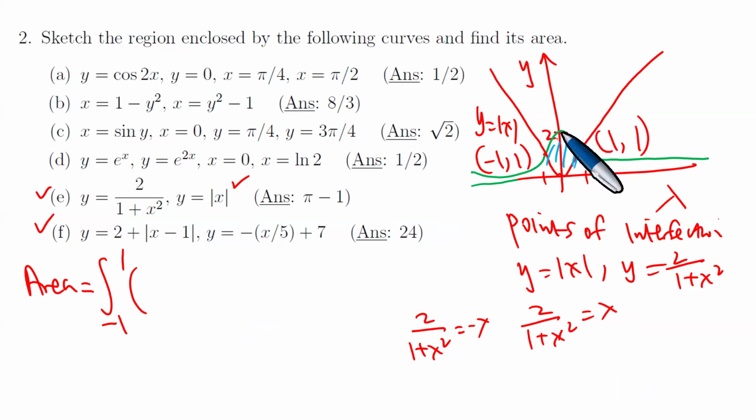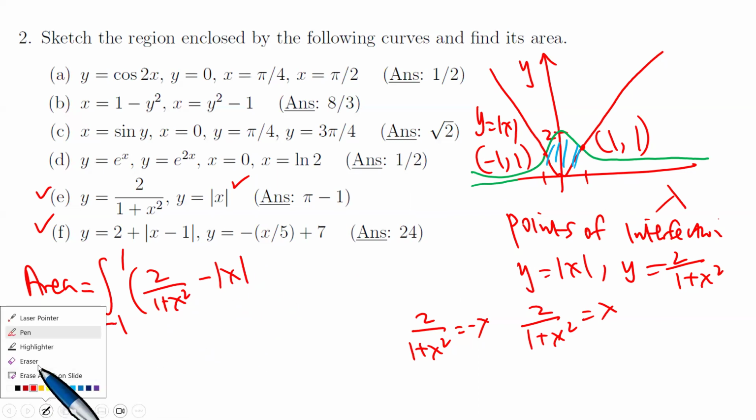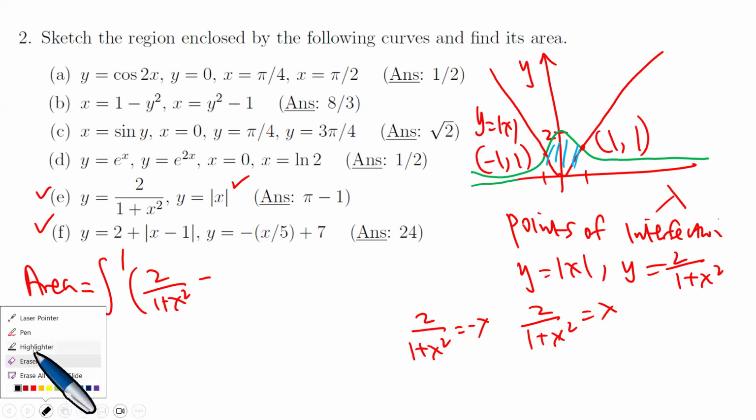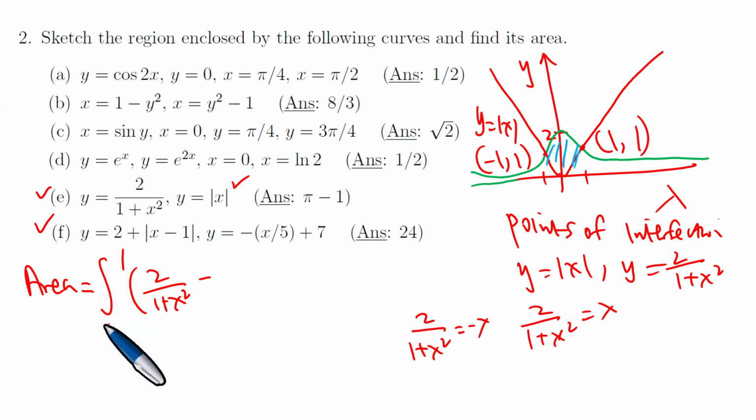And then take the upper curve, which is the green one, 2 over 1 plus x squared, minus the lower curve, which is the modulus of x. Okay, there's a little trick here, but you can split it into 2 because of the modulus. So you can first integrate from minus 1 to 0.